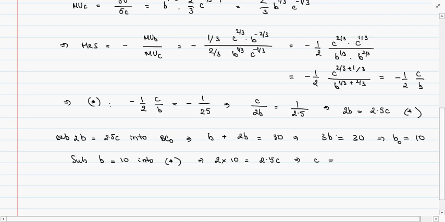Okay, and that is just 8. Alright, so that's the C0. Okay, so this is the original most preferred affordable consumption bundle at the original price.